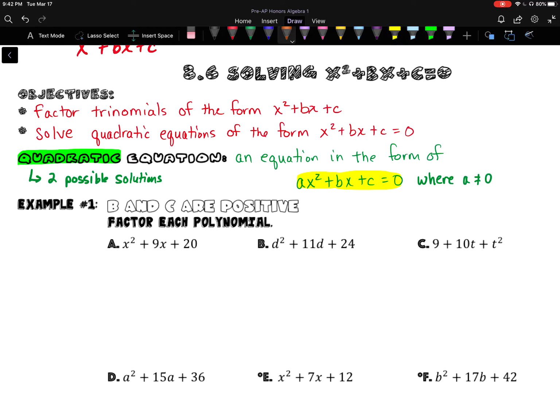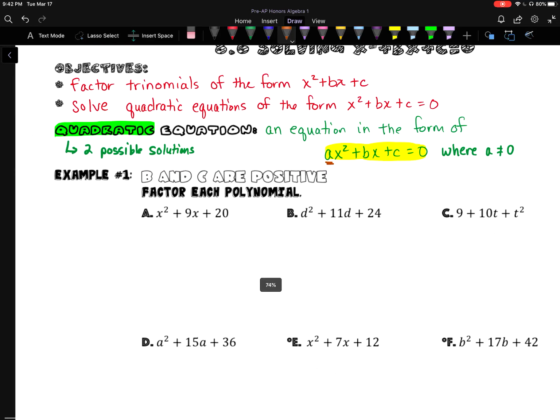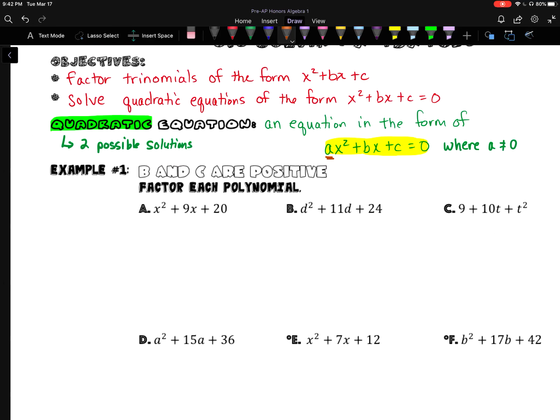And the key important thing here is that a cannot be equal to 0, because if it was equal to 0, 0 times x squared is 0. And so you're left with bx plus c equals 0, which makes it a linear equation and no longer a quadratic equation.